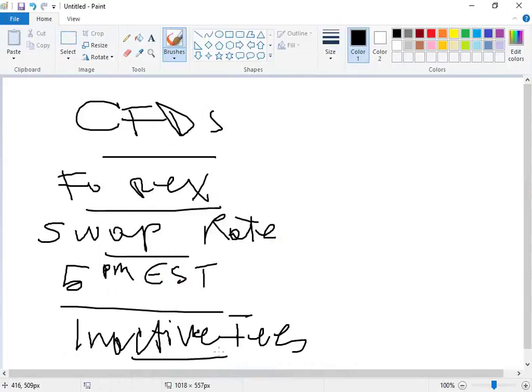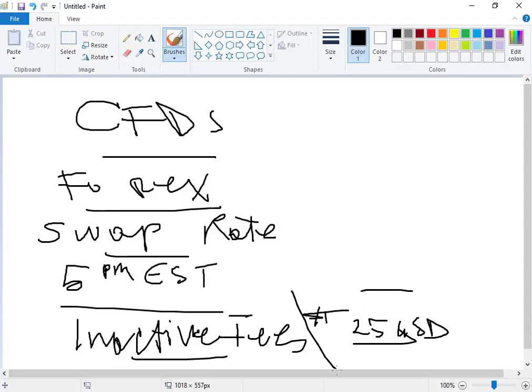All of a sudden, the company's going to charge you a $25 US inactivity fee because you haven't traded. So if you're going to open up a live account, be aware that you're going to get charged a $25 inactivity fee if you don't trade any contracts in a 3-month period. And you should also find out from the brokerage firm you're dealing with what their conditions are.